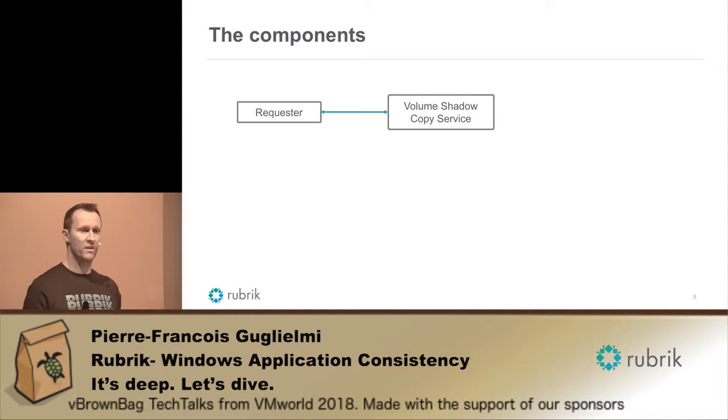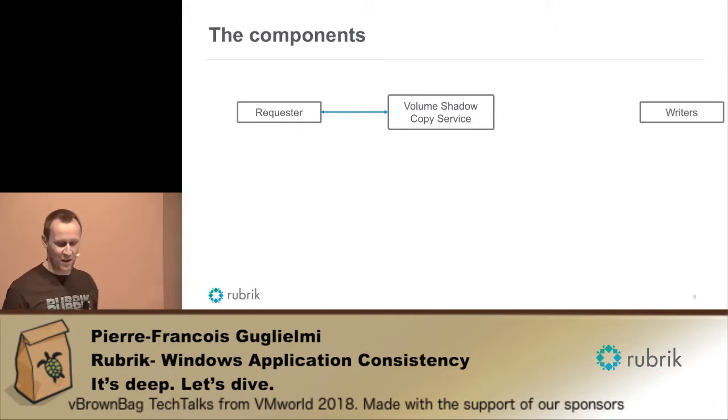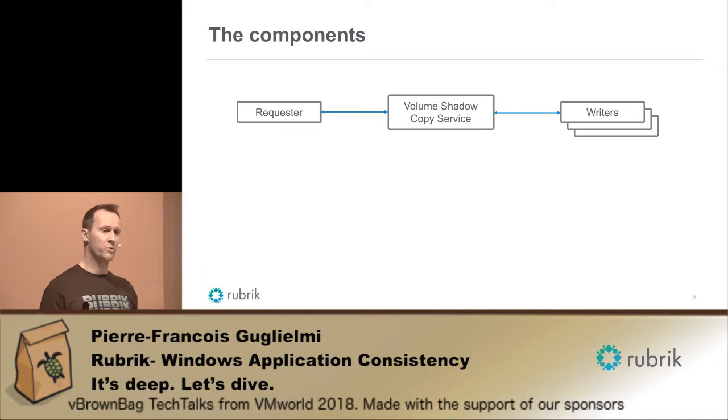Then you have requesters. The requester is basically the component that requests a volume shadow copy. That's that easy. And when doing this, the requester will be able to question, if you will, the application writers.